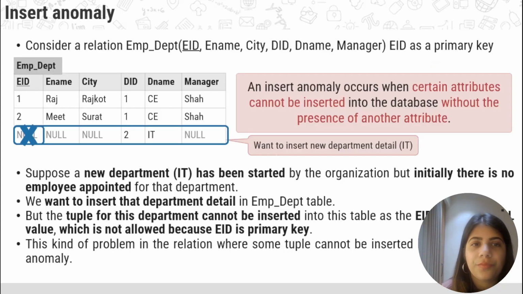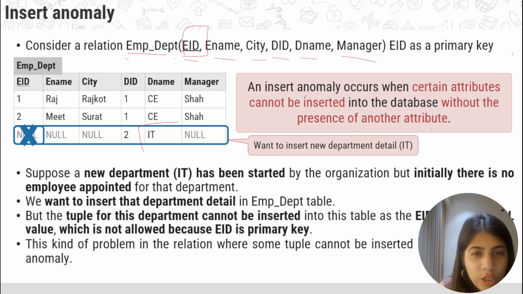Let's see how. The first one is insert anomaly. Let's consider an example: a relation or table employee department, in which we have employee ID, employee name, city, department ID, department name and manager as attributes. We have already seen that employee ID is the primary key. An insert anomaly occurs when certain attributes cannot be inserted into the database without the presence of another attribute.